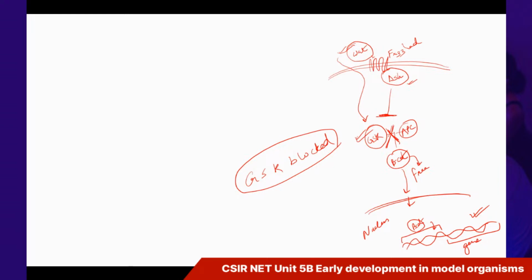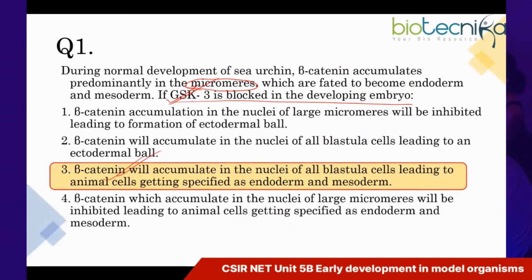But if the question says GSK is blocked in your embryo, that means signal or no signal, it will act as if there is beta-catenin in the cell. That means wherever GSK is blocked, that cell will have beta-catenin. This is the logic.